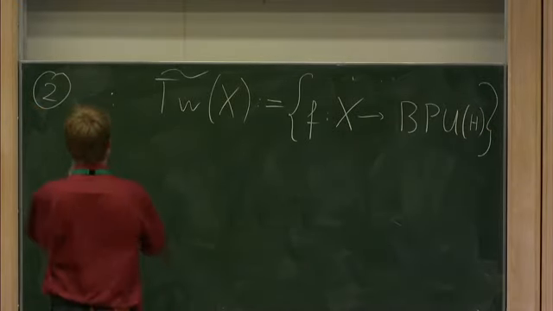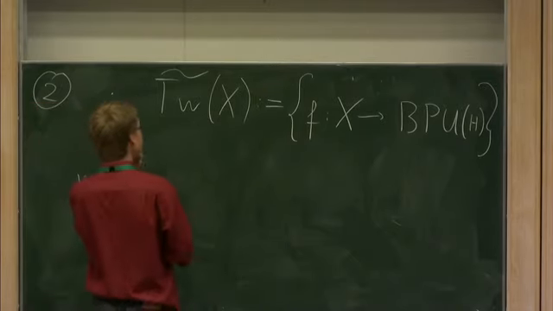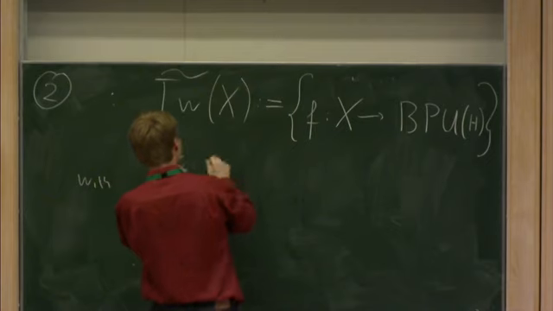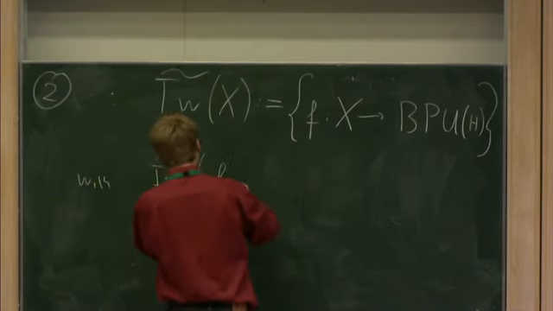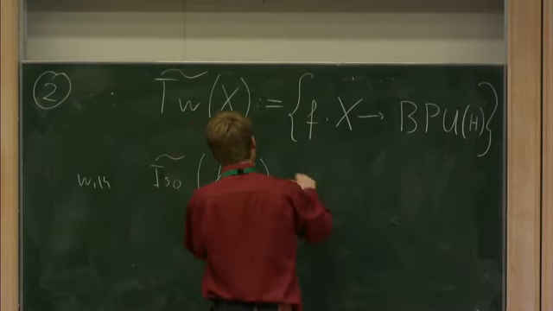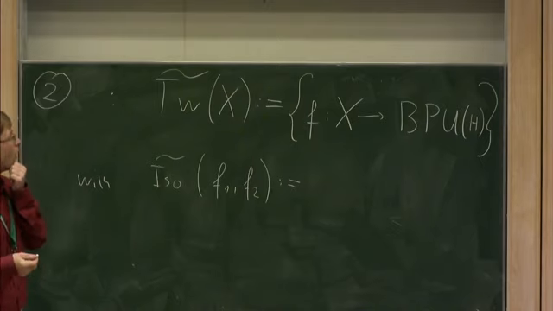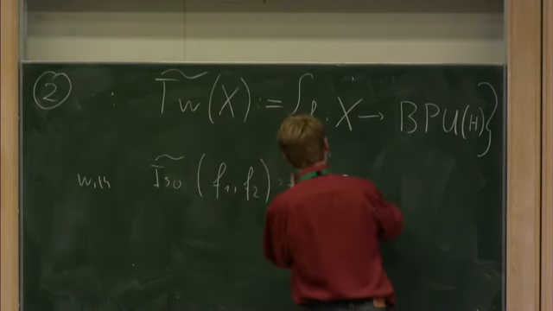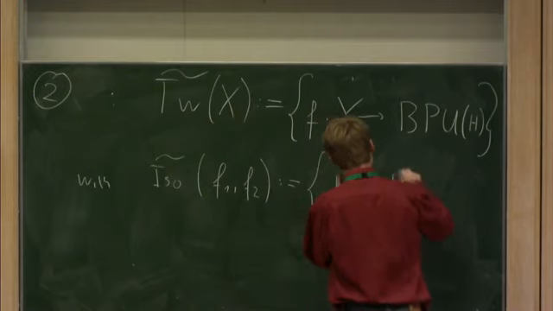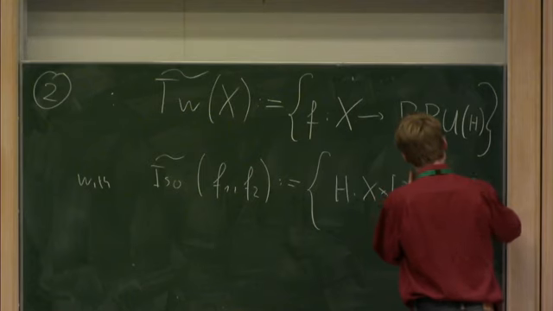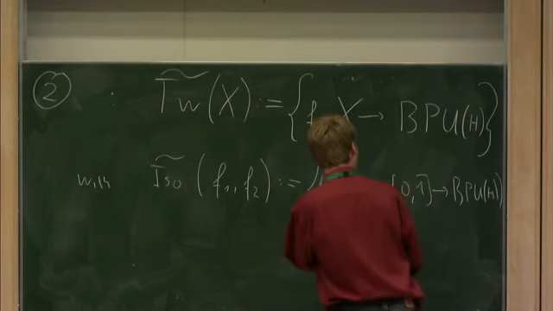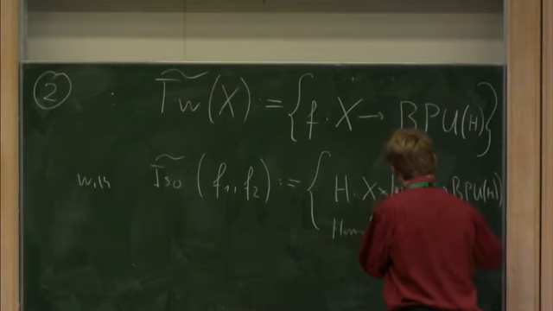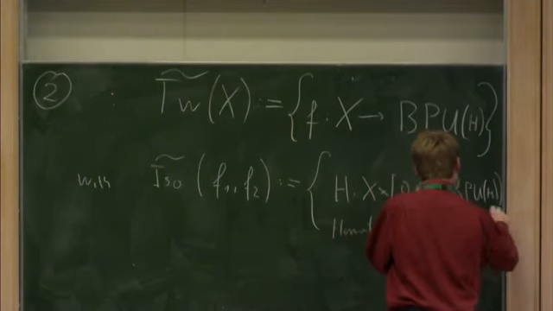And now, by definition, the isomorphisms in this twisted model, in this tilde model, of two of these maps, F1, F2, I'm defining to be homotopies from F1 to F2.